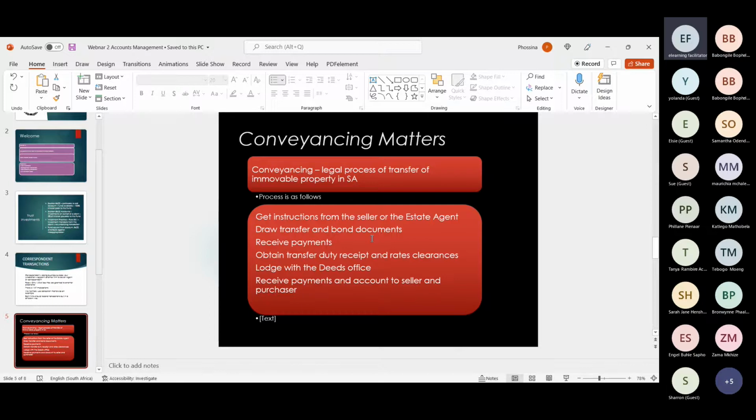They look at whether the purchaser has enough money to pay in cash, or has to apply for a bond, or use other methods of payment, like selling one property and then collecting from that property and paying for the property that is being transferred.